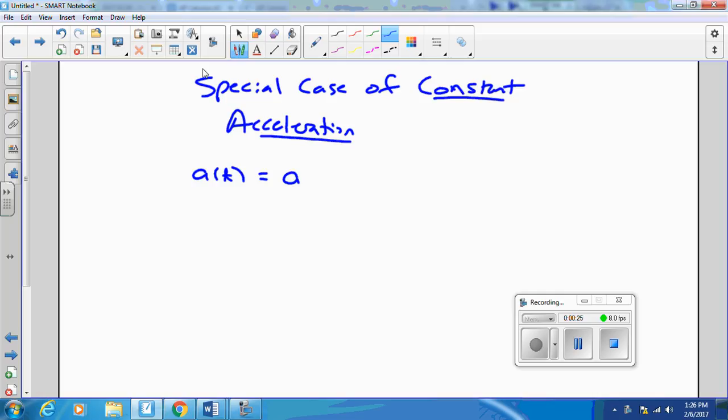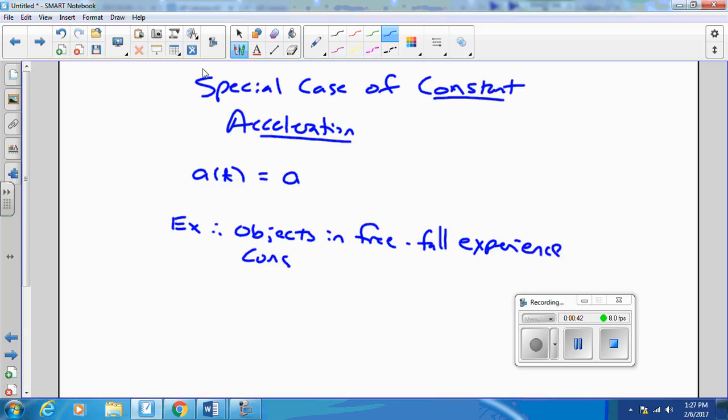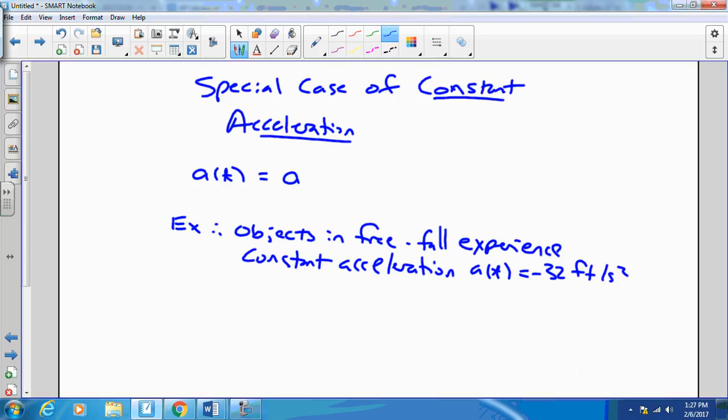In particular, consider the example of objects in free fall experiencing a constant acceleration, a of t equals negative 32 feet per second squared. So this would be an example of a constant acceleration.